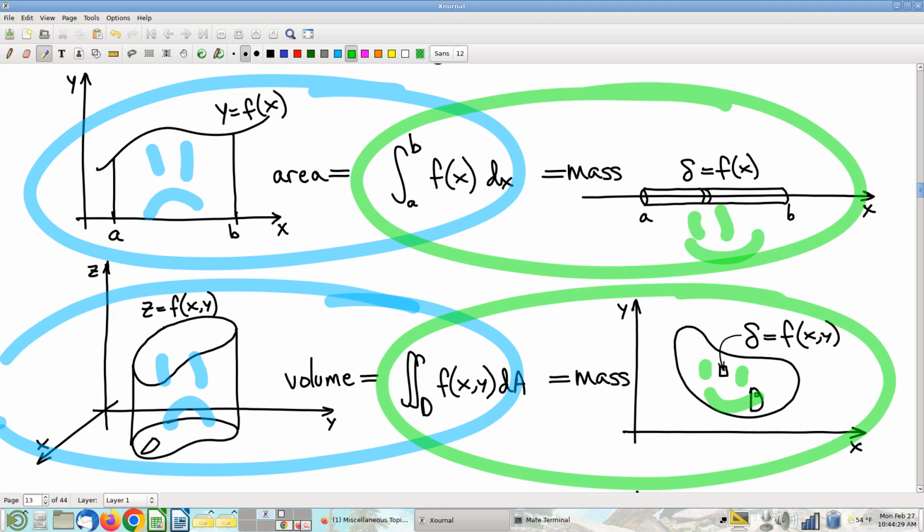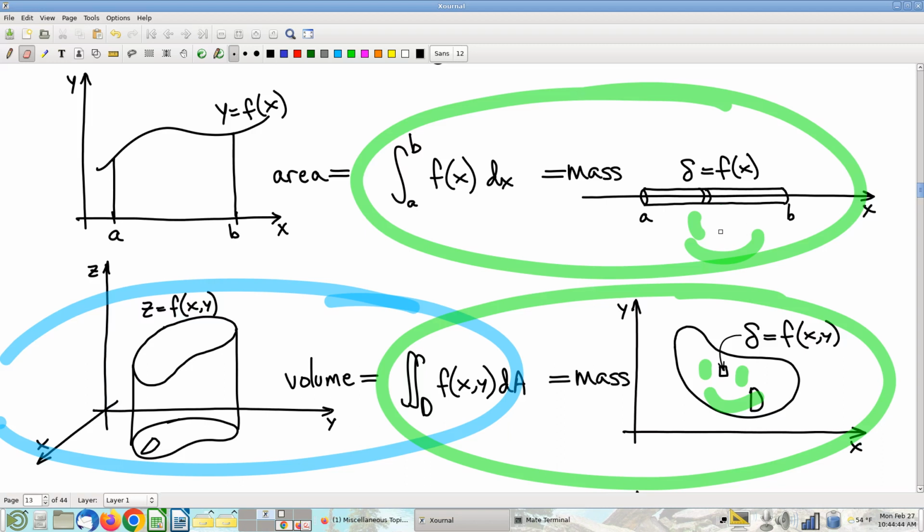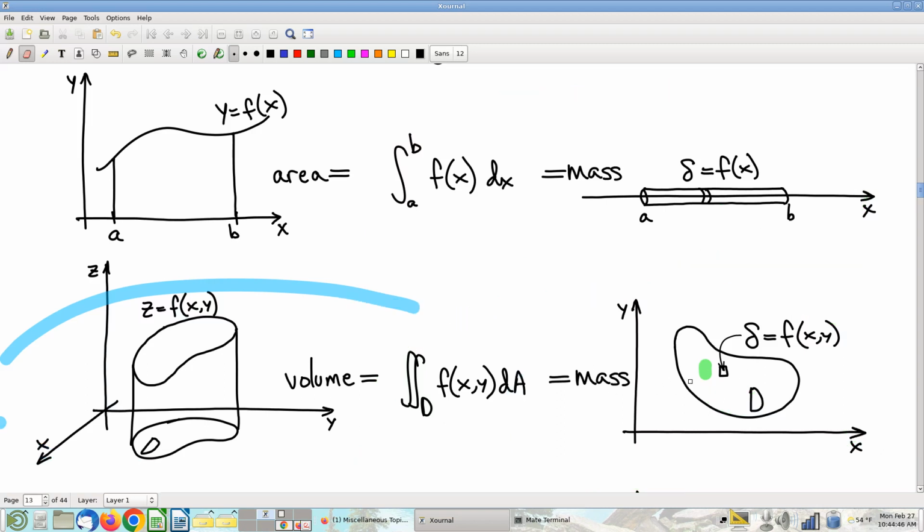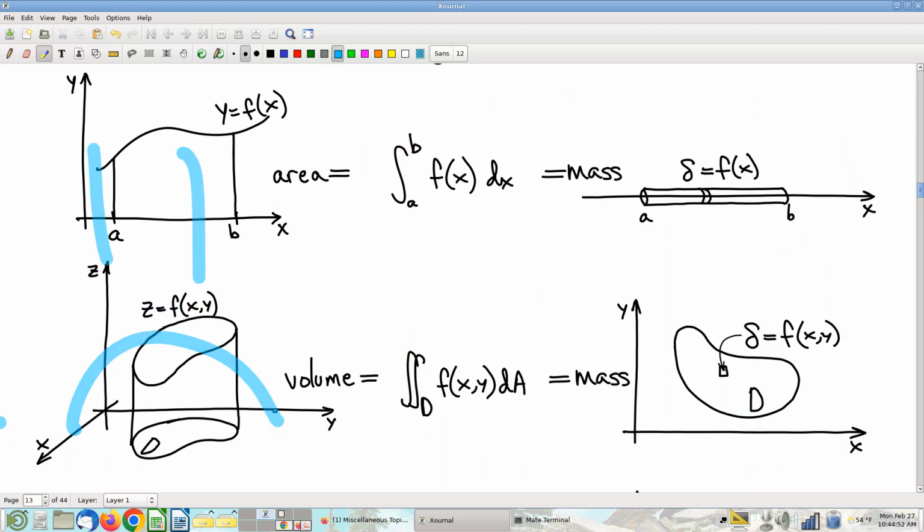Look at this, I'm looking at a two-dimensional domain. Quantity is distributed across that two-dimensional domain. That's how I've got the picture drawn. So I feel like this is a little bit more, I'm going to say honest, for lack of a better word.